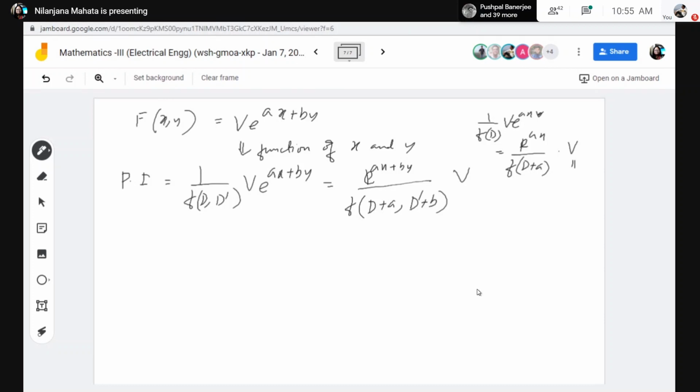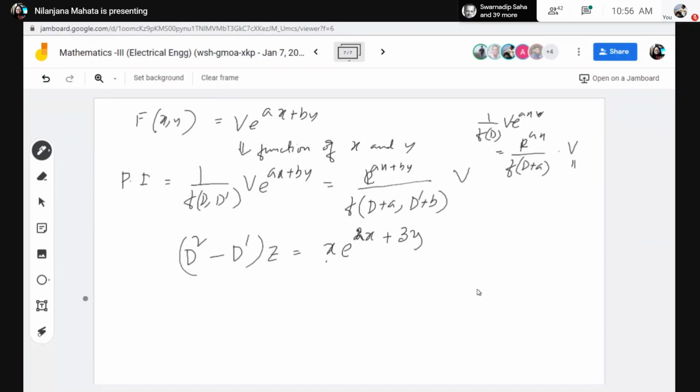Example is: your given problem is (D square minus D') z equals x e to the power ax plus by, with this being e to the power 2x plus 3y.